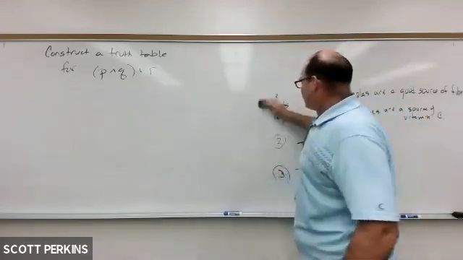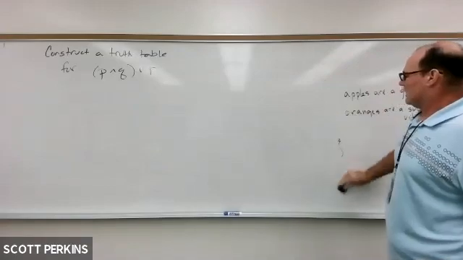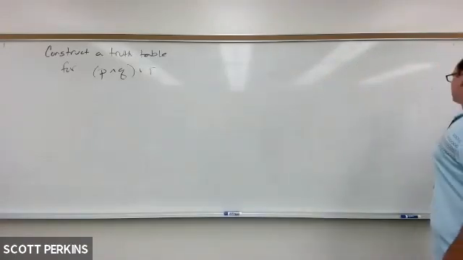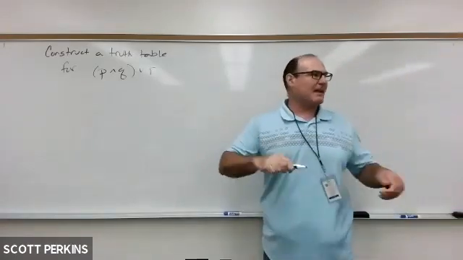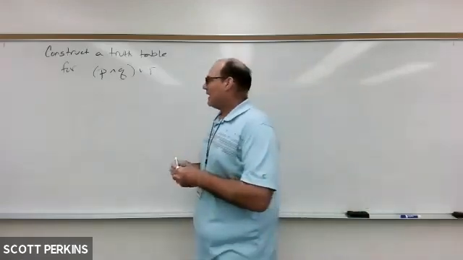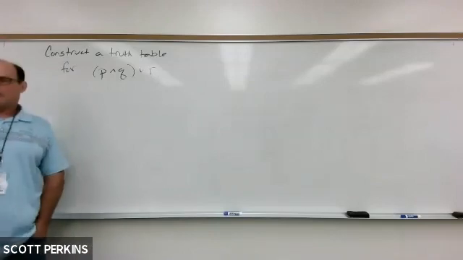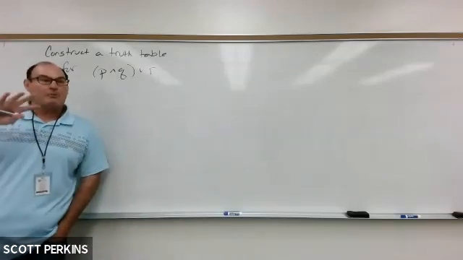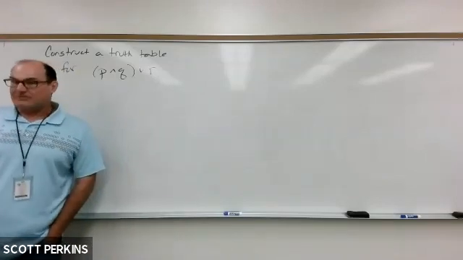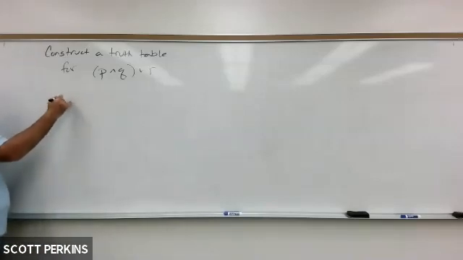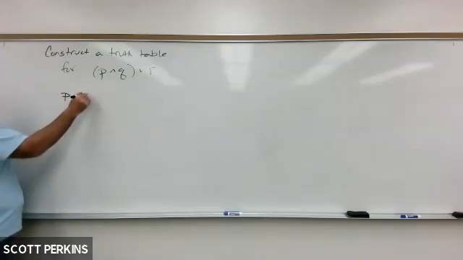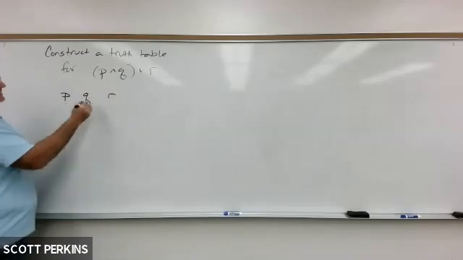Okay, so the first thing I have to do is set up my truth table. And this time, instead of 2 simple statements, I have 3, so that makes my table a little bigger. I don't expect you to memorize this. I'm going to give you a little algorithm that hopefully will help you write down all the different combinations. So now I've got a simple statement P, a simple statement Q, and a simple statement R.